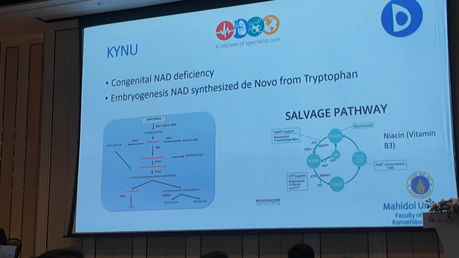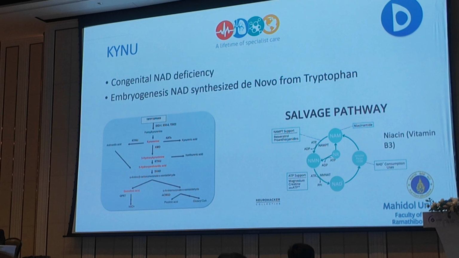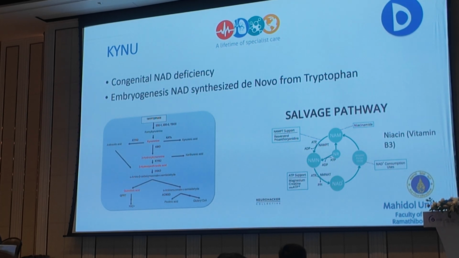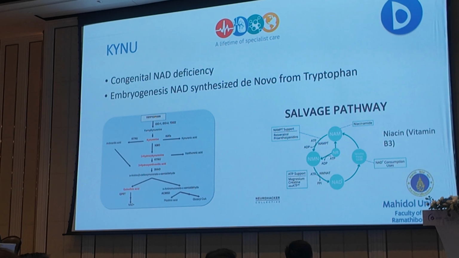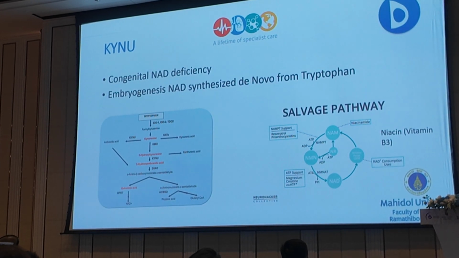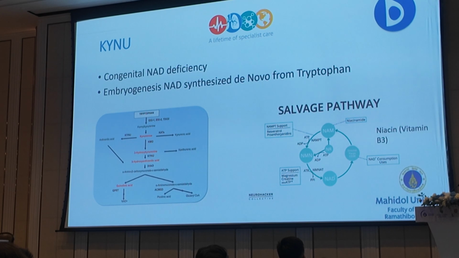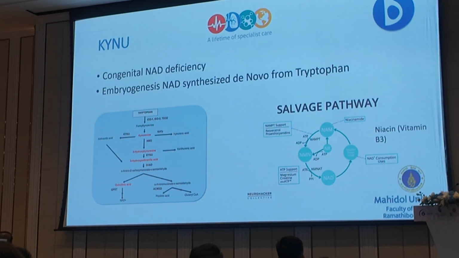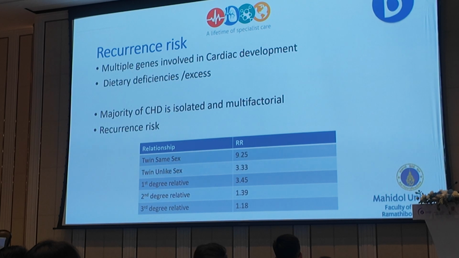Now what does that tell us? It tells us how important the diet is and what we are missing. And I think there are many, many other ways that we can possibly supplement our babies to have a reduced risk of recurrence of congenital heart disease. We're not there yet, but this was just an example to me of where we should be going.